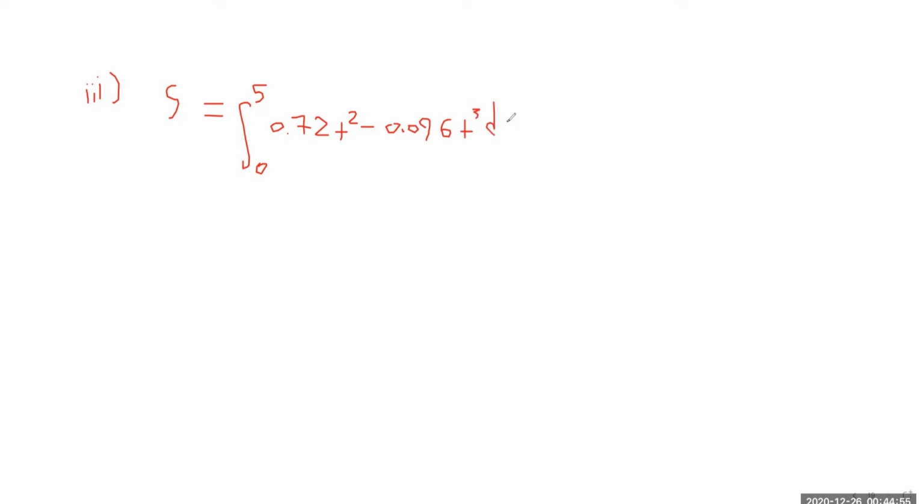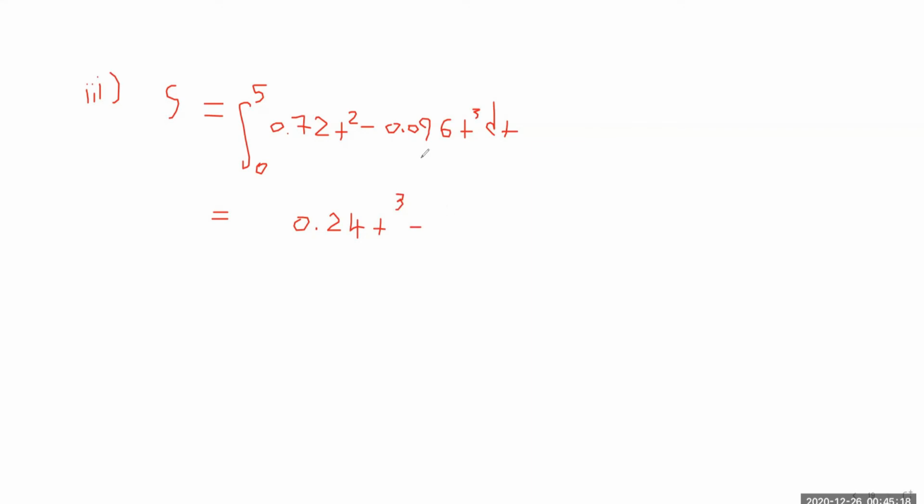So let's integrate this formula now. Integrate it: add 1 to the power, divide by the power. So it's going to be 0.72 divided by 3 is 0.24 t cubed, minus, add 1 to the power, divide by the power.